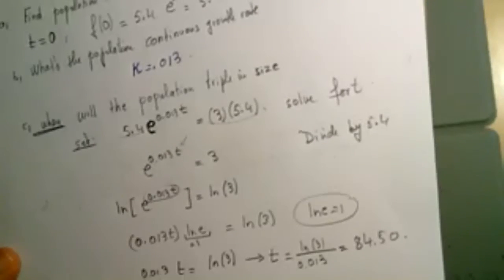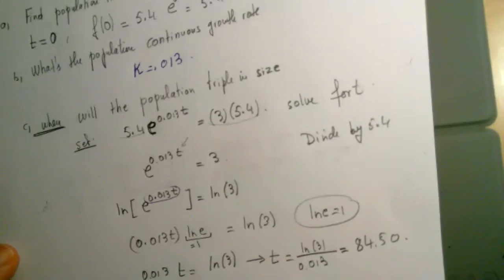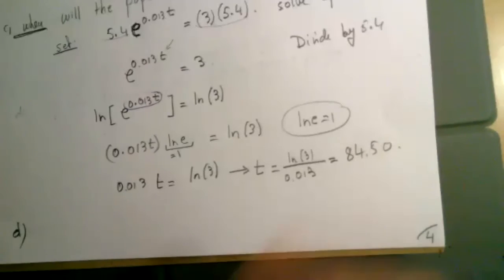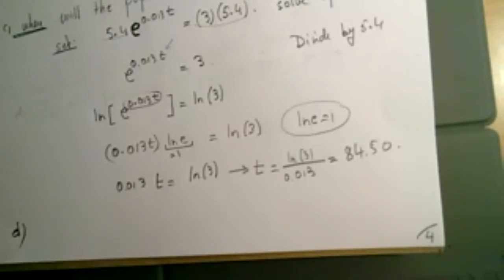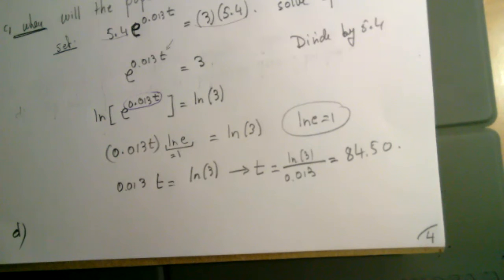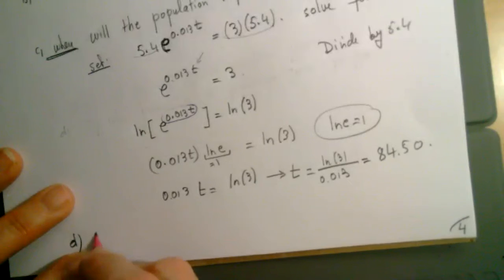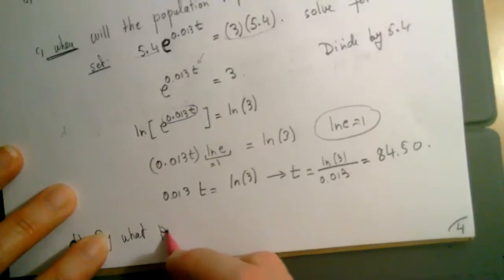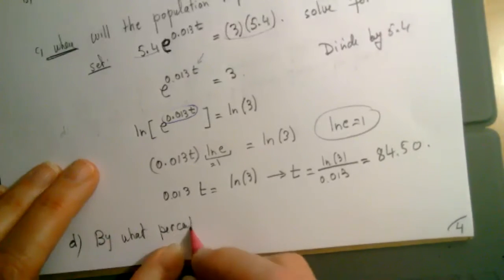Now D. My question D that I erased here was, by what percent does the population grow every year? What do you think I need to do? Try to find the growth rate.